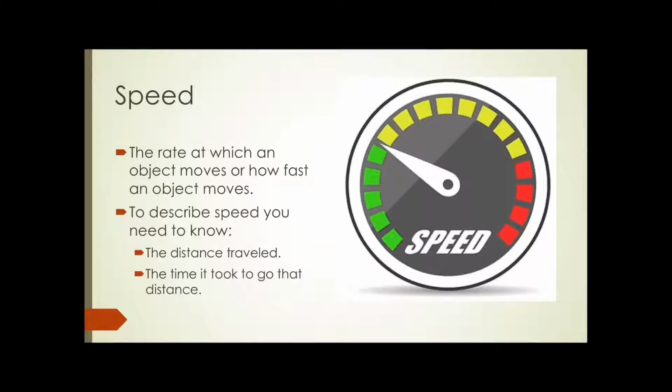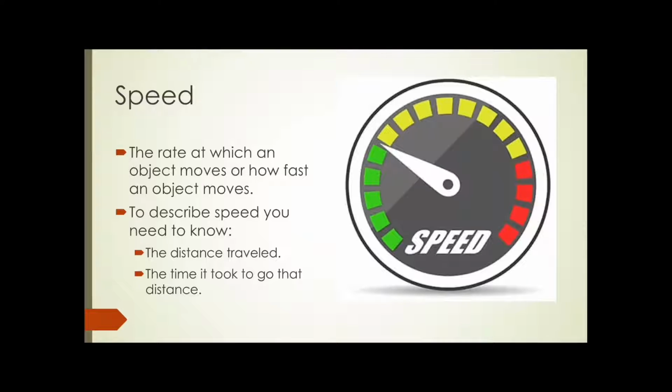Well, now let's talk about speed. So speed. This is the rate at which an object moves or how fast an object moves. So we've heard this all the time. We see it on speed limit signs, we see it in our car, we even may hear it or see it when we're walking or running on a treadmill.